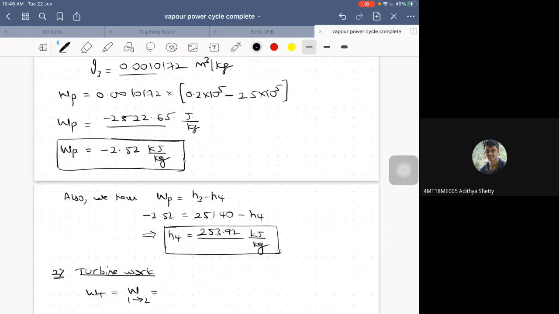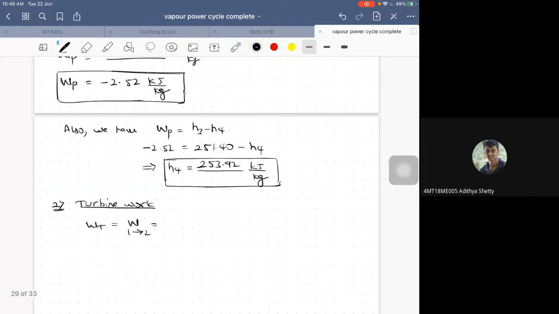So for work it is initial minus final, so it is H1 minus H2. Since the mass flow rate is given, you have to multiply it by m dot. Now, please substitute the values and calculate the turbine work.